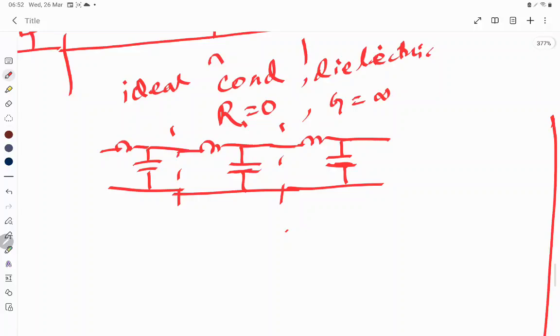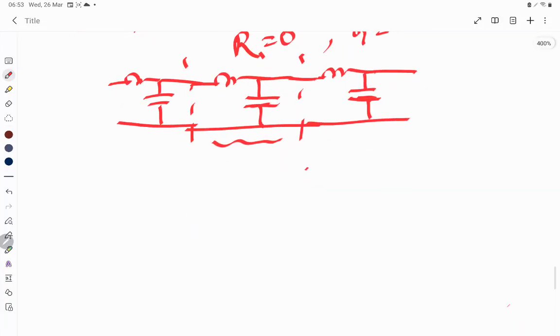But from this model you can see one curious thing: we can model any two conductor transmission line by changing its parameters. We can model it as some kind of inductor or capacitor also. Let us take the example of a microstrip line. This is the top conductor, this is the substrate, and again we have a ground.